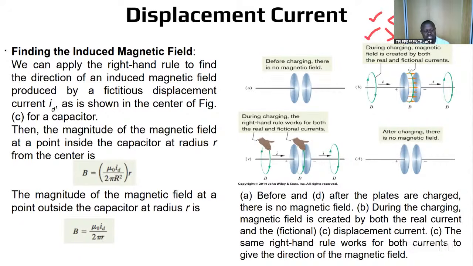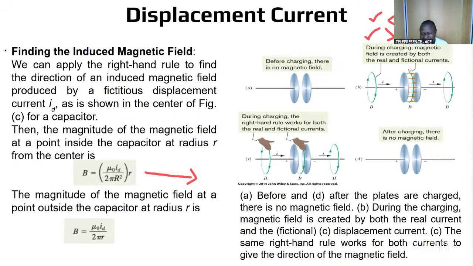So that's why we have two different equations. The first one is the point is inside. So the magnitude of the magnetic field at a point inside the capacitor at radius r from the center is given by this equation. Please take note of it.